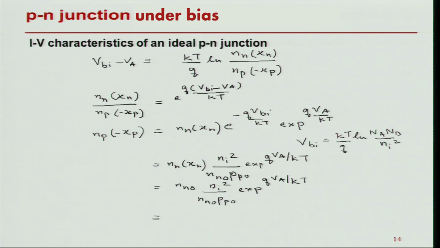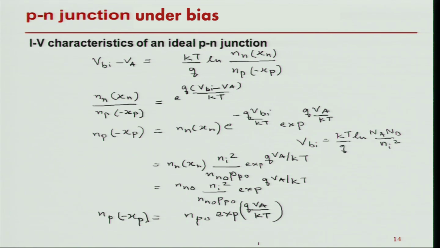And this will then become n i square divided by p p o, which is the minority, equilibrium concentration of electrons in the p type, along with this exponential factor. This is my minority concentration at the edge of the depletion region.